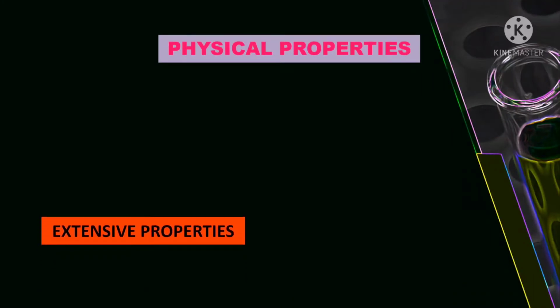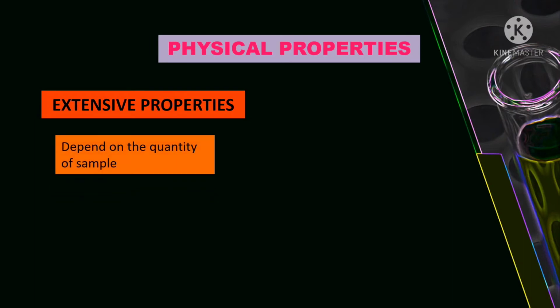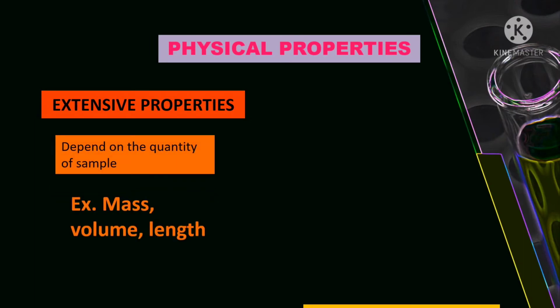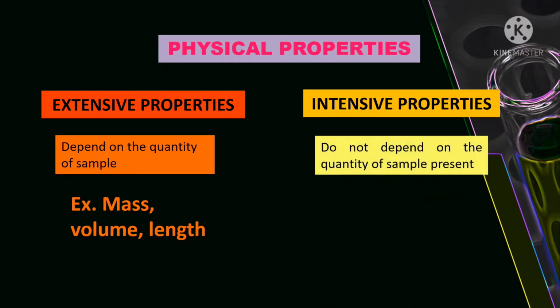However, physical properties are further categorized into two: extensive properties, those which depend on the quantity of sample, and intensive properties, those that do not depend on the quantity of sample present.